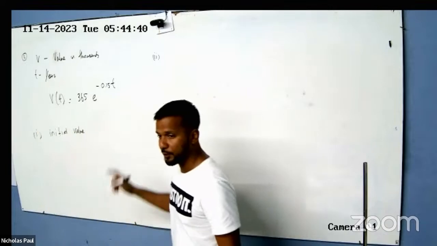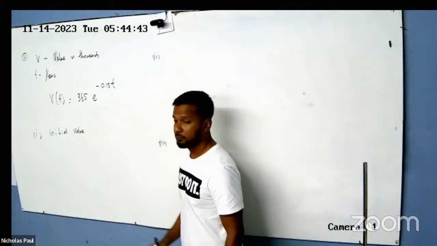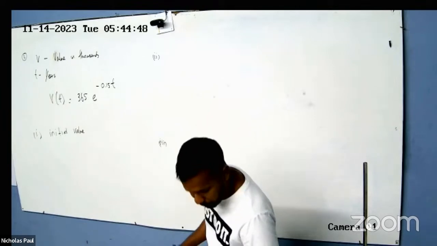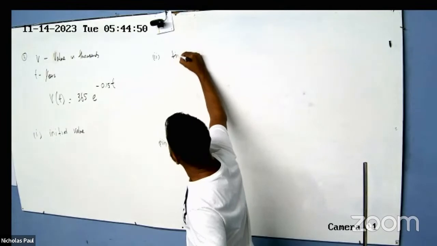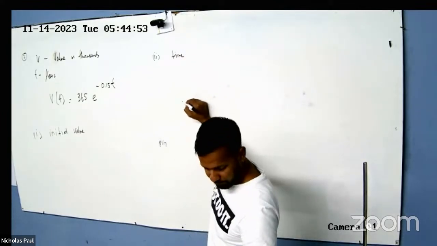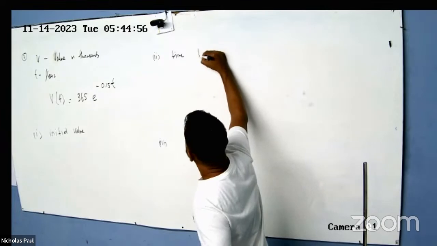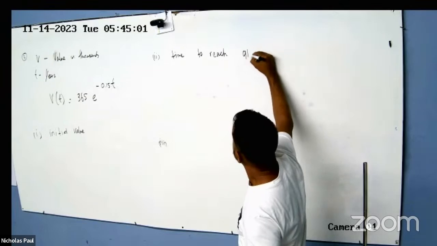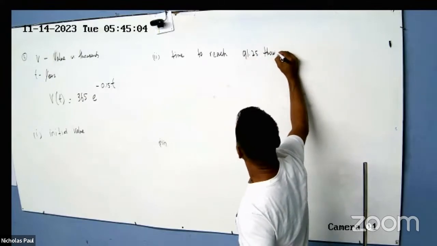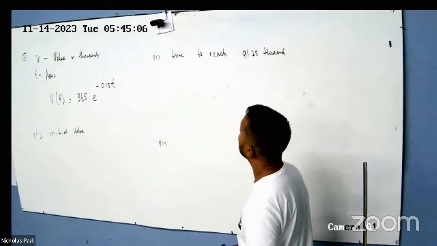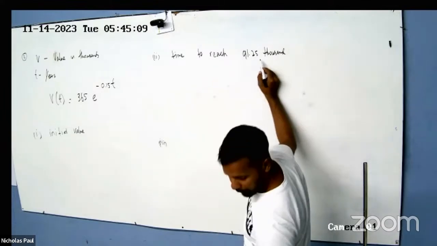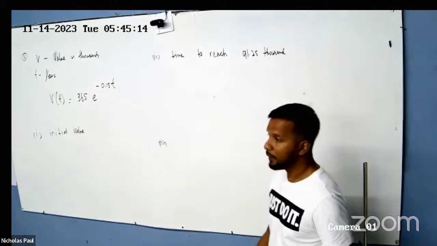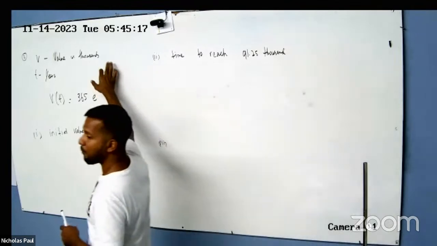Try to get your original value. And the time: find the time to reach $91.25 thousand. The value in thousands of dollars, sorry.